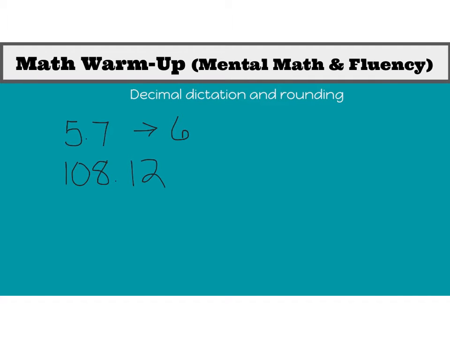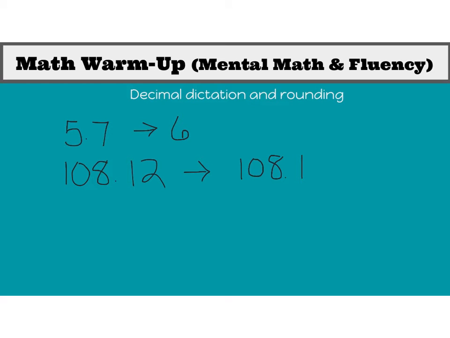And now what I would like for you to do is round that decimal to the nearest tenth. Go ahead and pause your video if you need to. You should have made that 108.1, which would be the nearest tenth.